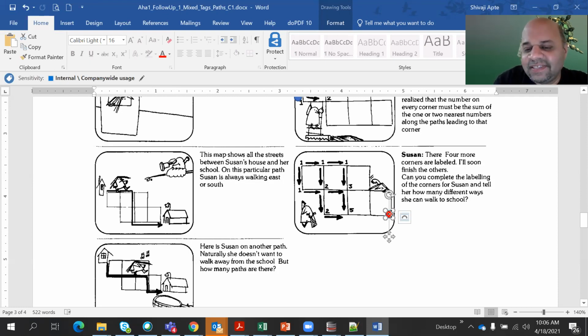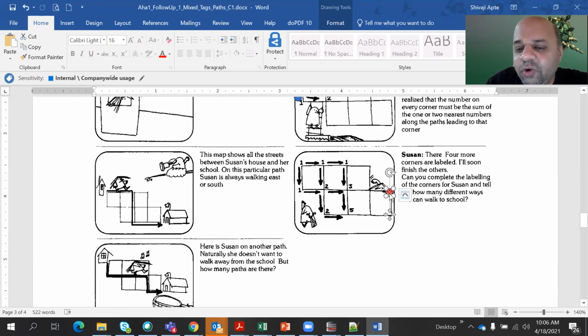Okay, Pranav, just remember. See here also, for example, there was 2 at the top. So 2 flows down, because it is not that you always start with 0. You take whatever is the value on the left side or on top, whatever are the previous 2 corners, and add them up. When you came here, there is only one way you could have come from the previous corner, and that previous corner had a value of 4.